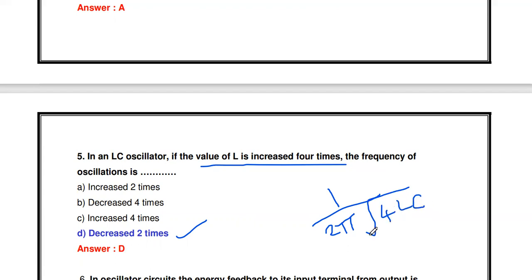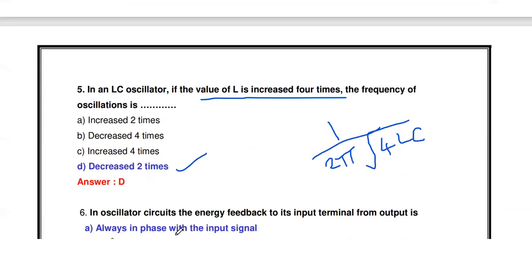The square root of 4 is 2. So what about the frequency? The frequency decreases by 2 times, since the formula f is equal to 1 by 2 pi root LC into 1/2. So if the value of L is increased 4 times, the frequency of oscillation decreases 2 times.